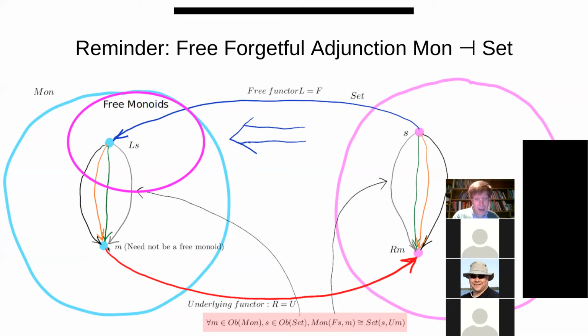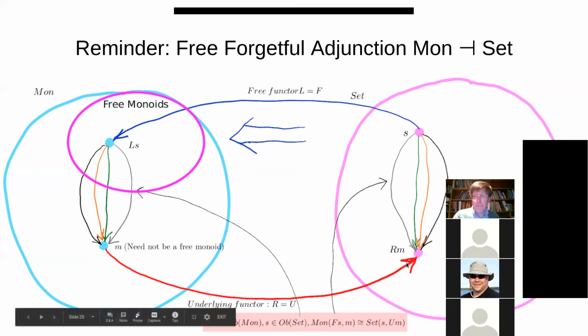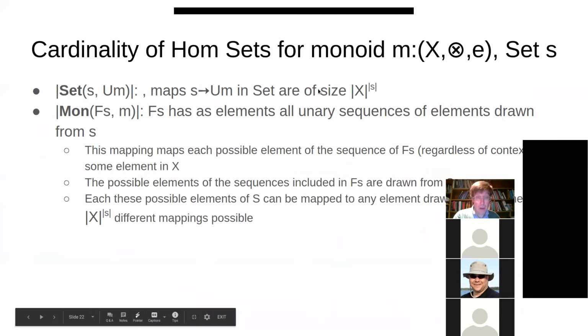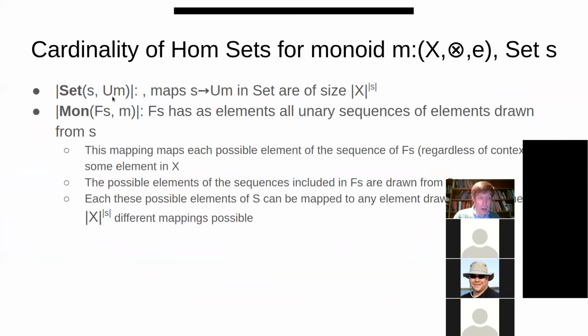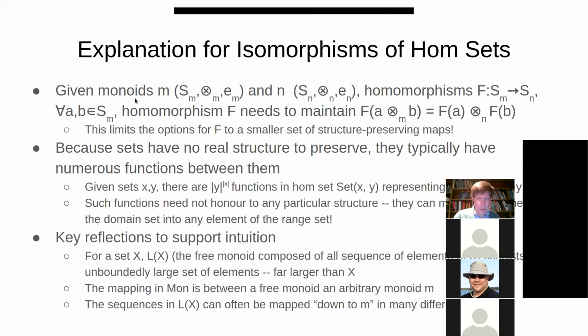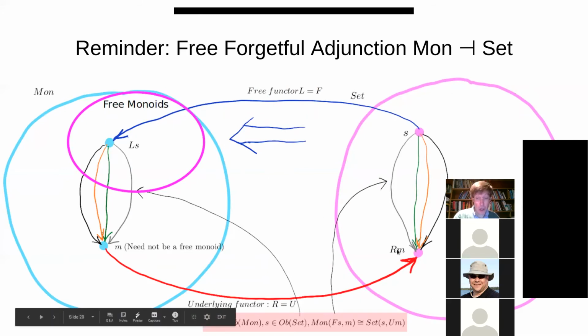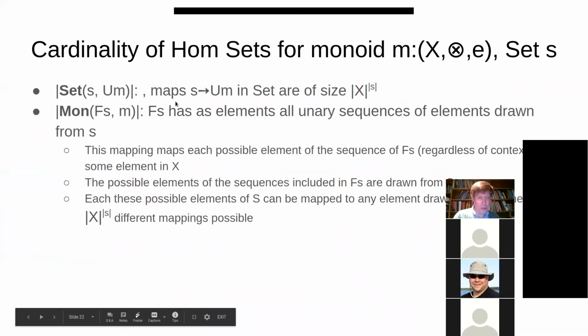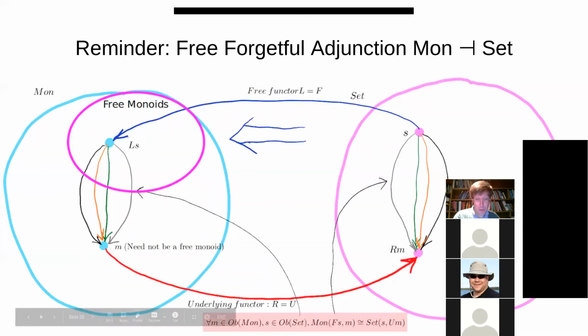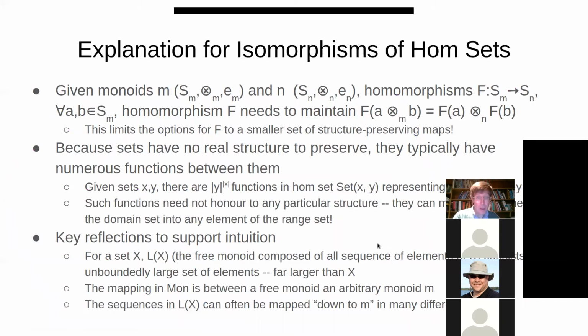Rm is going to be X, right? I said R, but I should have said U here. In any case, it's the same thing. U equals R. It's the underlying functor, the right functor.